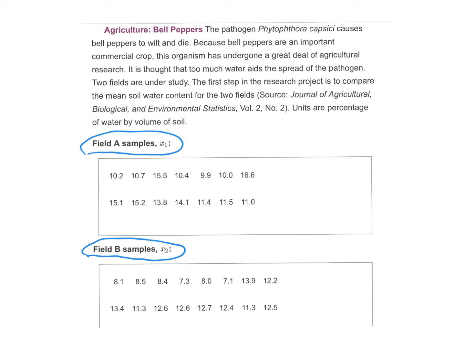So what you're going to have to do first is use your calculator and find X bar and S for the first set of data, which we're going to call X bar 1 and S1. Continuing with your calculator, you're going to find X bar, the mean, and our sample standard deviation for the second set of data, which we'll call X bar sub 2 and S sub 2.